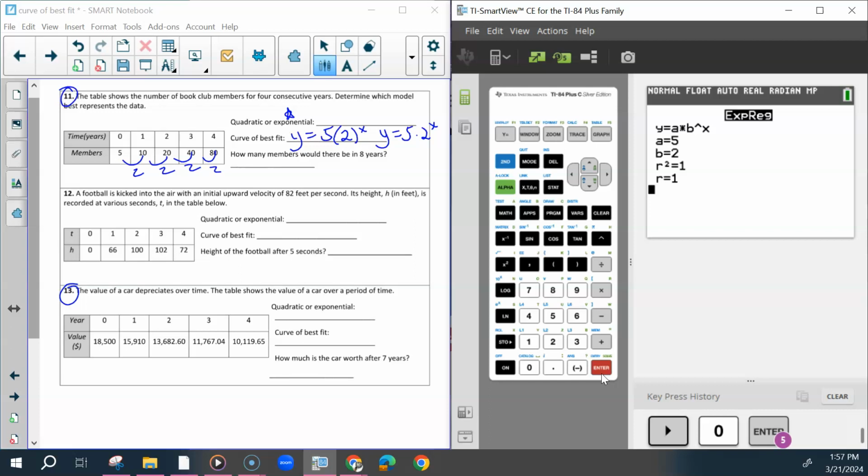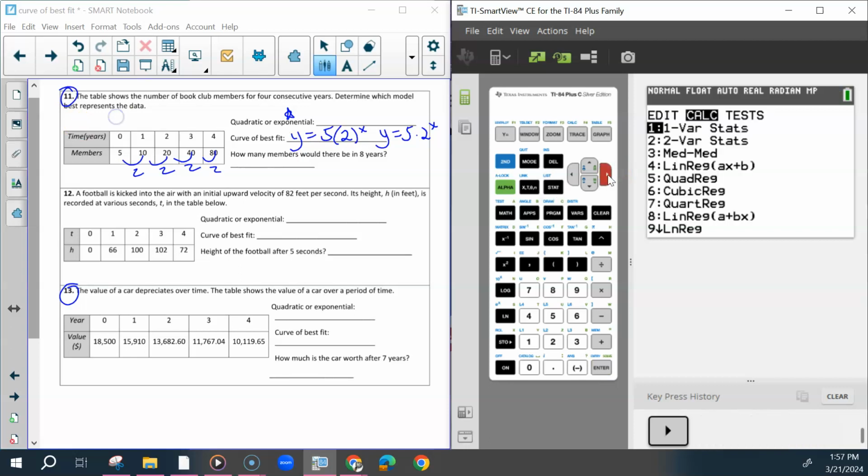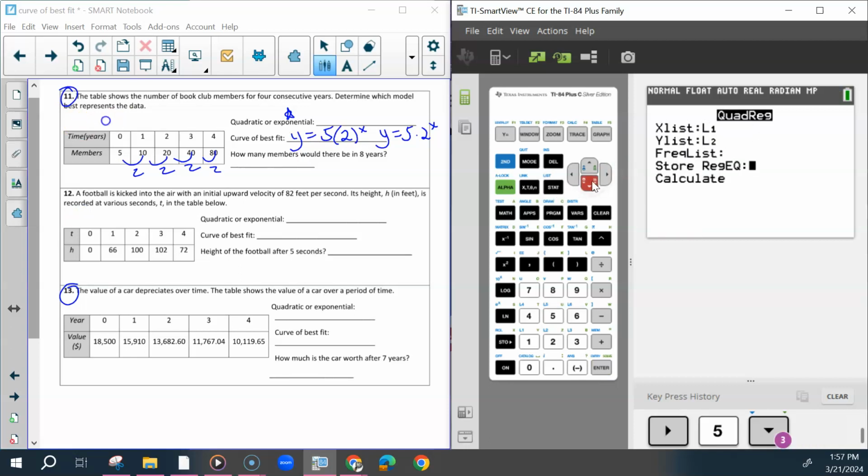There's nothing else that would fit this. I could try the quadratic just to see. But if I look at the R-squared data, it is close to 0.99, but it's not 1. So we want it as accurate as possible, and the 1 gives us that. So it will be exponential.